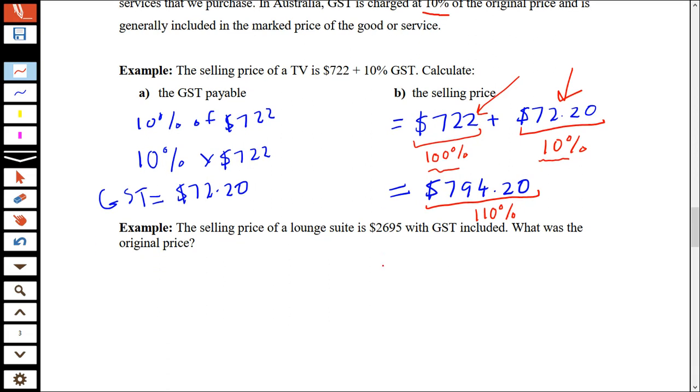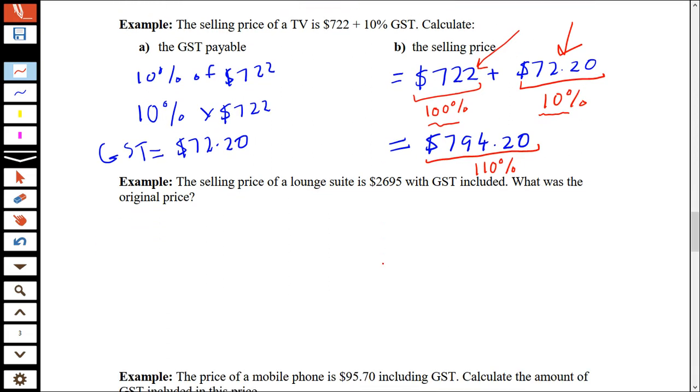All right, let's have a look at the next question. Now, the selling price of a lounge is $2,695 with GST included. What was the original price? So this is the GST inclusive price. That means you're paying the original 100% plus you're paying the 10% GST in this price.